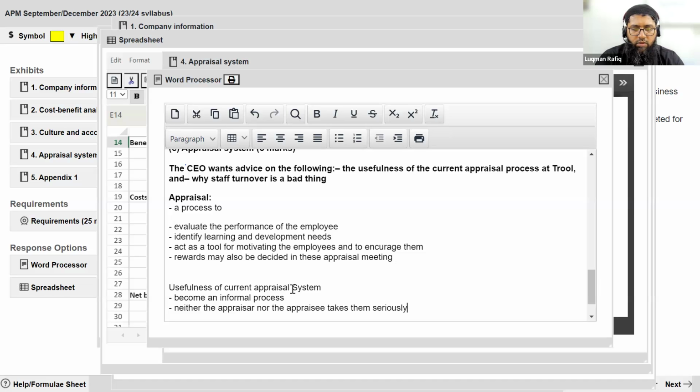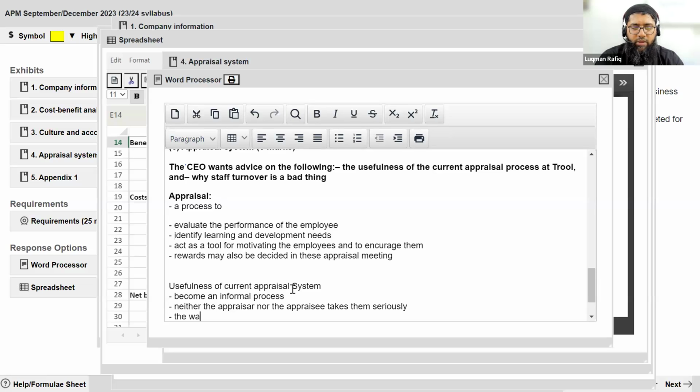The way bonus is defined is probably making it less attractive to employees.